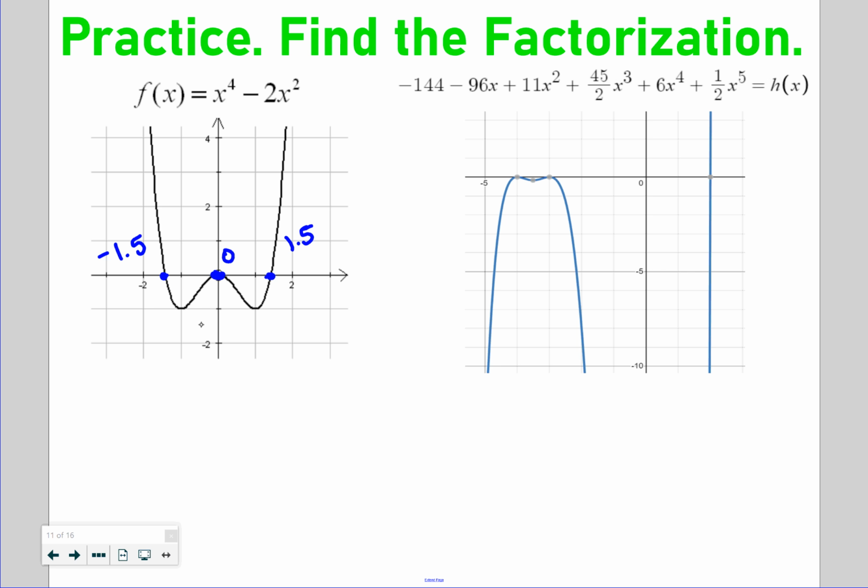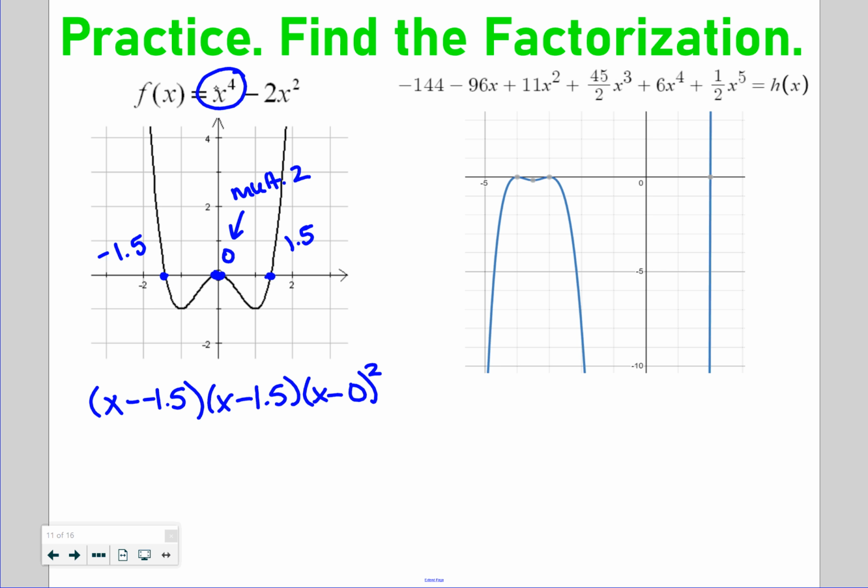And at 0, by the way, we're turning around at that point, so we're going to say that it has a multiplicity of 2. Putting them back in the factors, remember putting x minus in front of each thing: x minus -1.5, x minus 1.5, and then x minus 0 occurs twice.